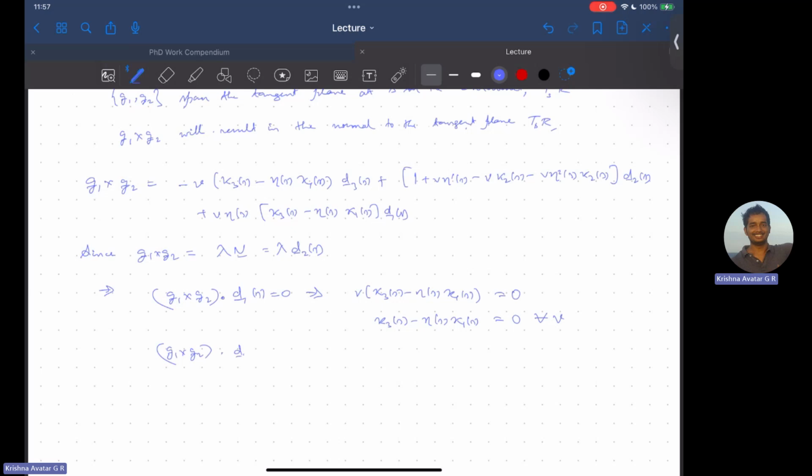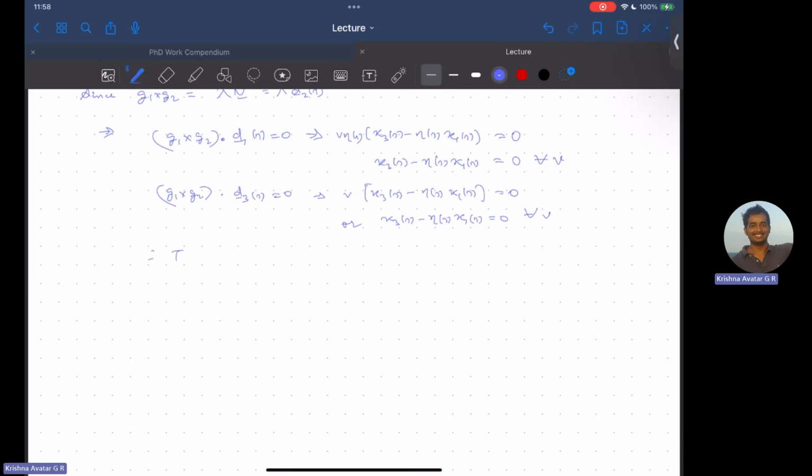Likewise, taking the dot product with d3 of s implies that it's also v eta of s, so it is v for all v.